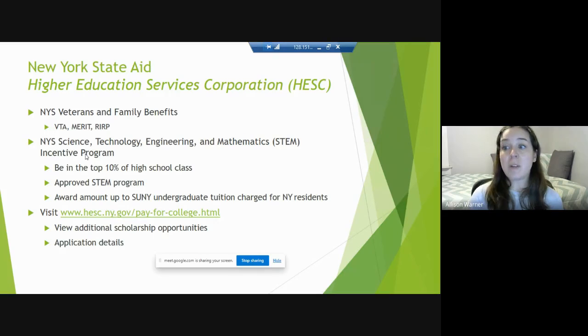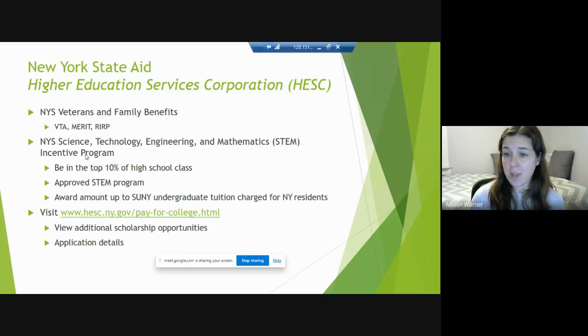This scholarship is also available to those folks that served after August 2nd, 1990, and have since become severely or permanently disabled. And lastly, of the New York State Veterans Benefits is the RIRP, also known as the Recruitment Incentive and Retention Program. It is designed to recruit and retain members of the military. In exchange, they will pay the cost of tuition up to SUNY tuition rates.